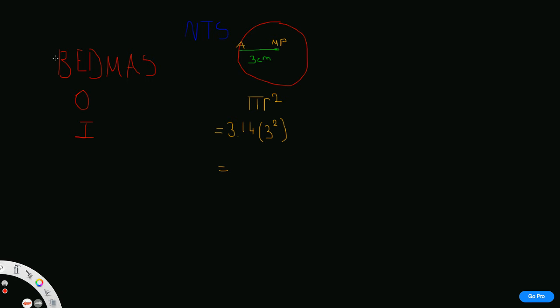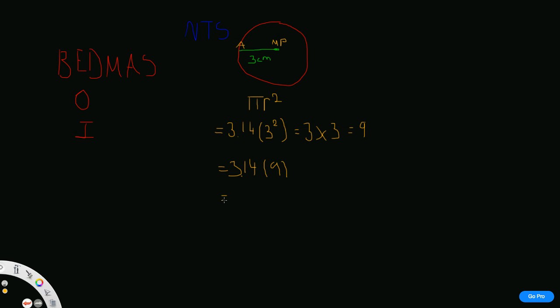In bed mass, the first thing is a letter B, and the B represents to do the brackets. So we would have to do everything inside these brackets. 3.14 times 3 squared. 3 squared is 9, because squared is where you times the number by itself. So 3 times 3 is 9.